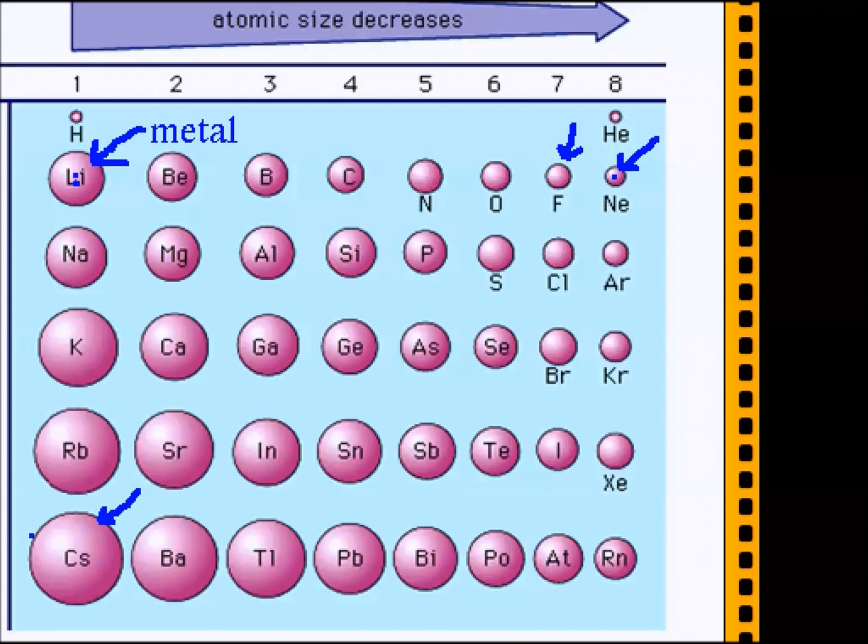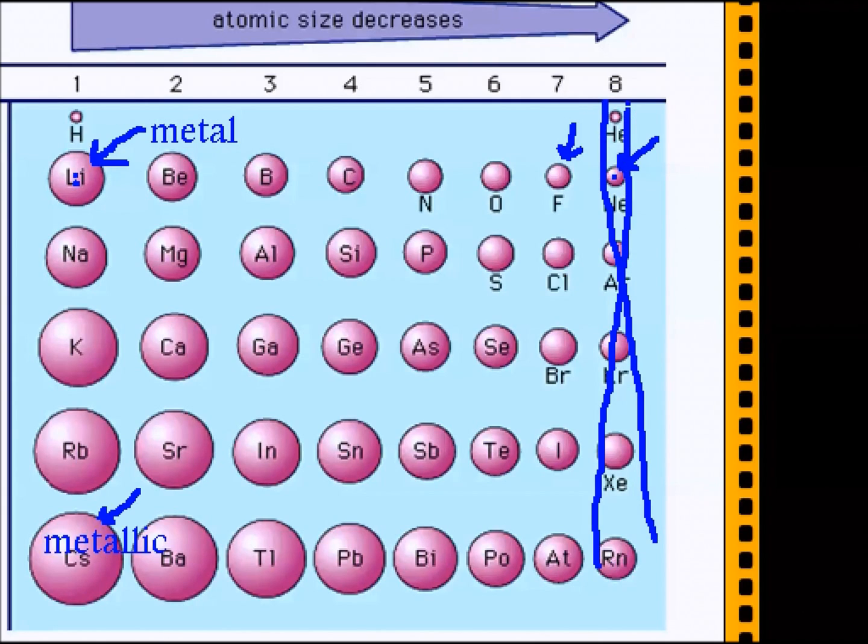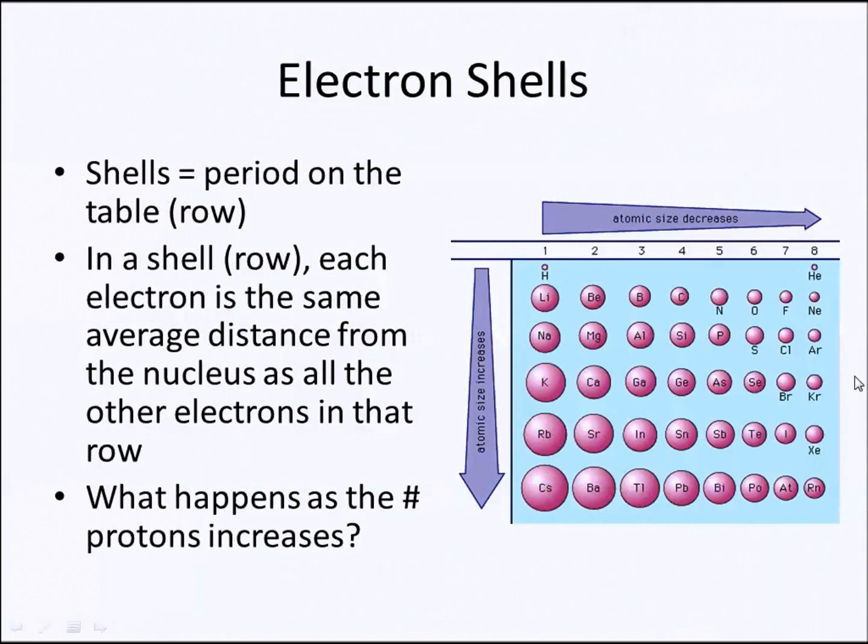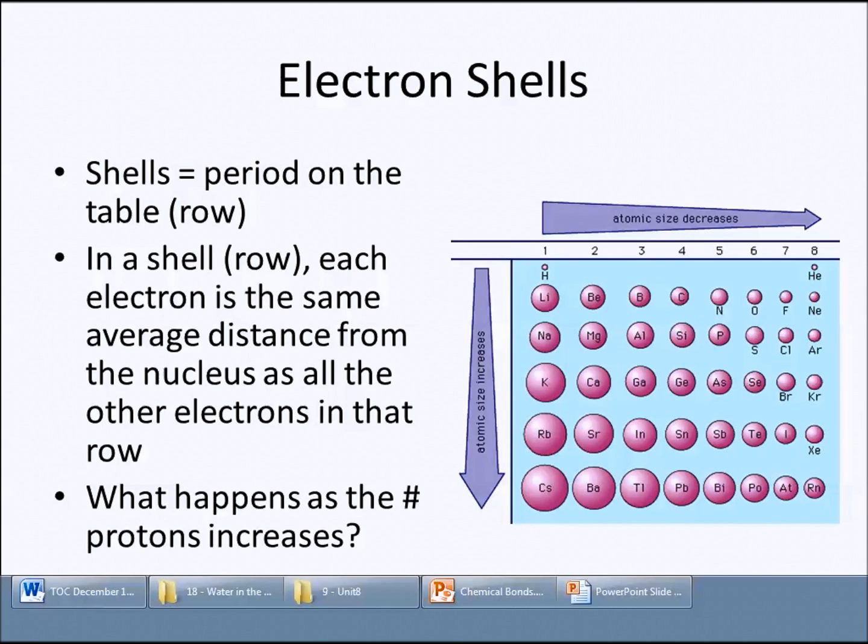No, it's going to let go of an electron very easily. So this again is the most metallic on this chart, and it's the fattest, and fluorine is the least metallic, and if we ignore the noble gases, then it's also the smallest atom. So metals are fat atoms too. Anyway, so that's electron shells.